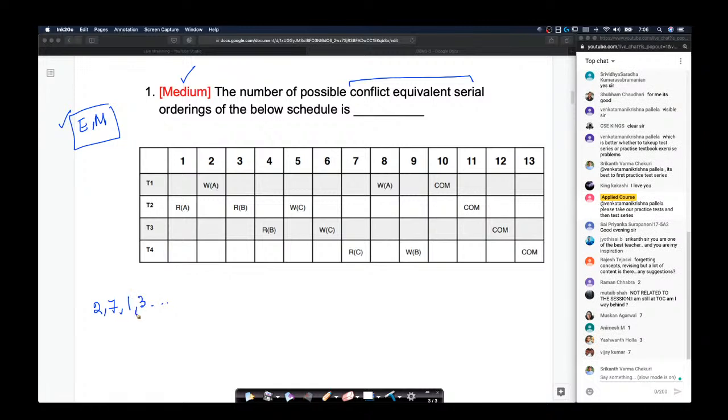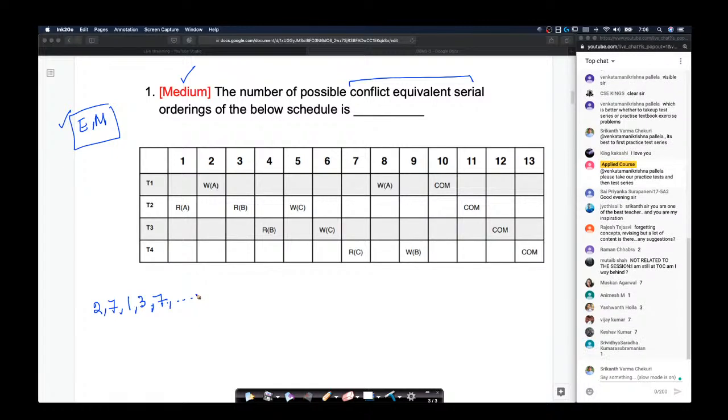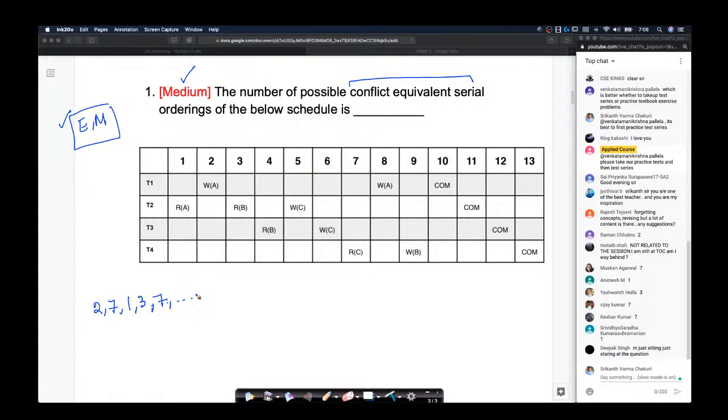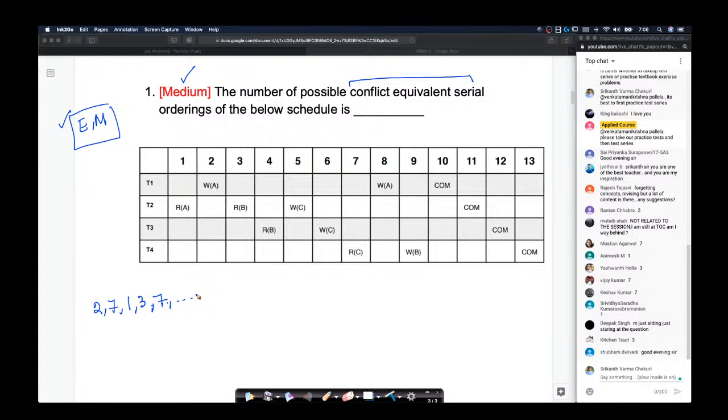Okay, the answers are all around the place, but that's okay. Somebody says C3. Okay, try to solve the problem. I'll give you maybe a minute more and then I'll explain the solution also. I think we have about 9 or 10 problems today.